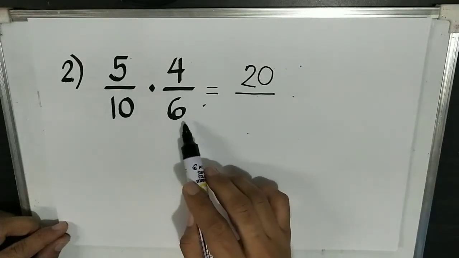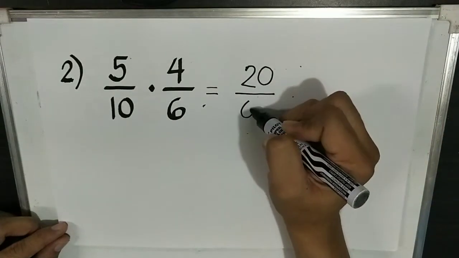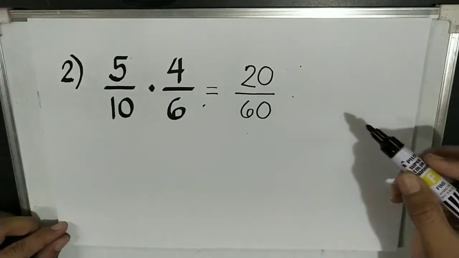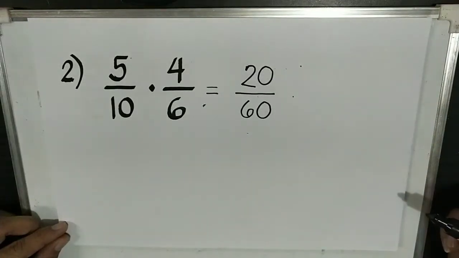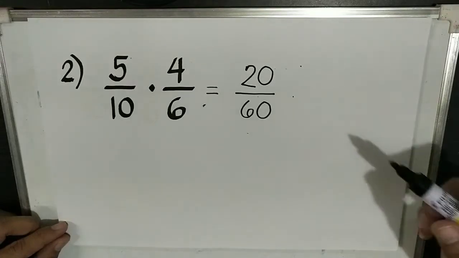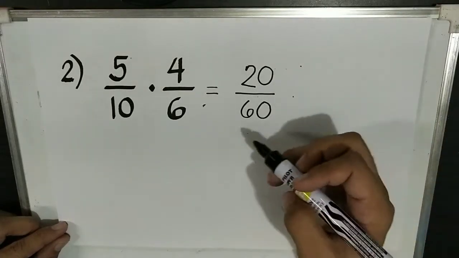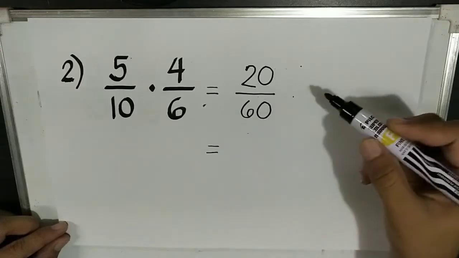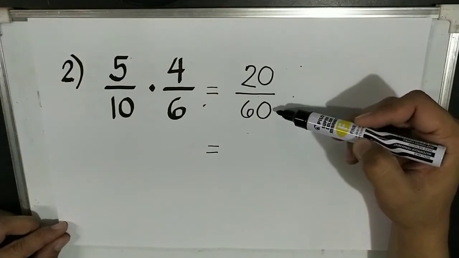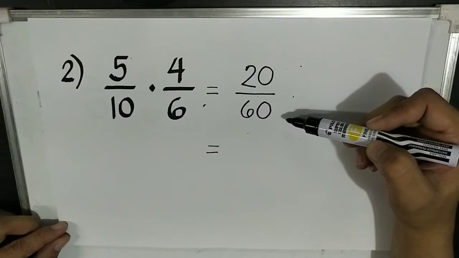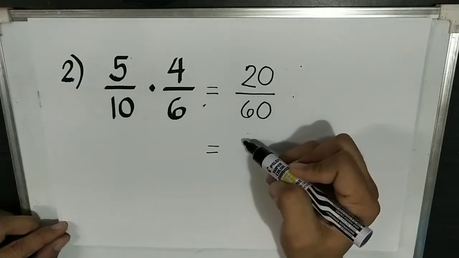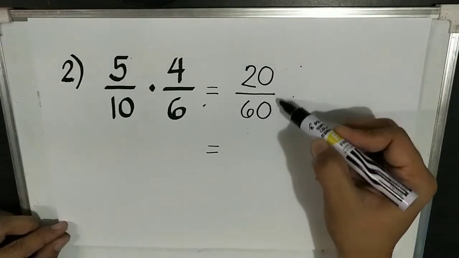Then multiply the denominators, we have 60. So we have 20/60. Again, observe if there is common factor among 20 and 60. The greatest common factor of 20 and 60 is 20. I'll show you how to find the greatest common factor of these two numbers.